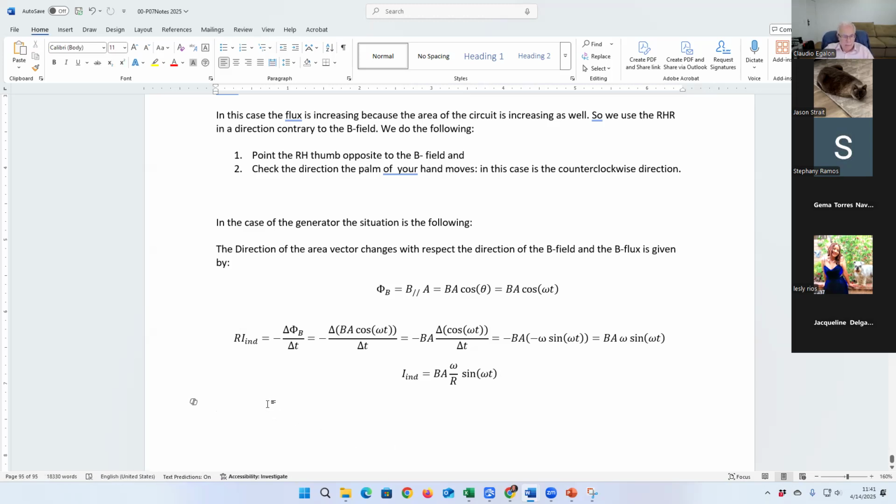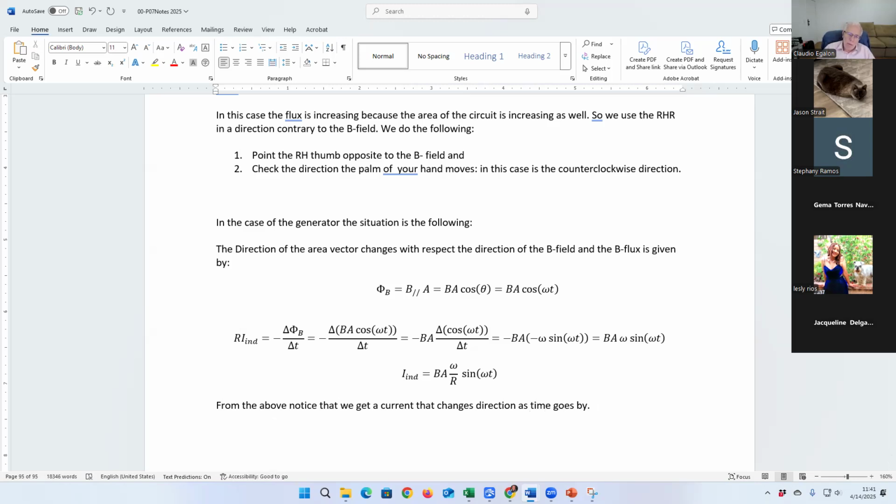From the above, note that we get a current that changes direction as time goes by. Okay?